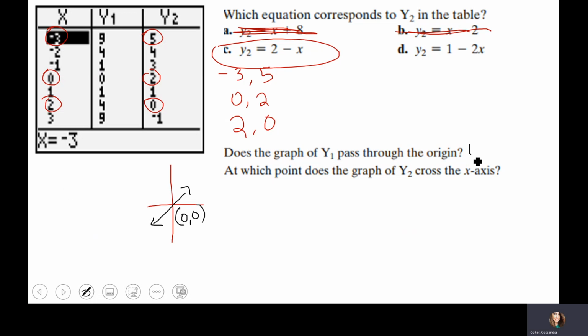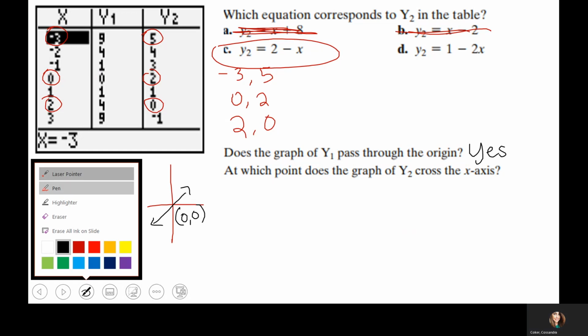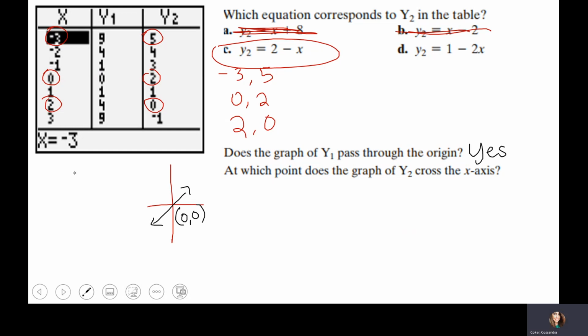At which point does the graph of y2 cross the x-axis? So y2 crossing the x-axis. Well, you need to think about what is the value of y when you're on the x-axis, and we discussed this in the previous slide, if you're on the x-axis, then y has to be 0.